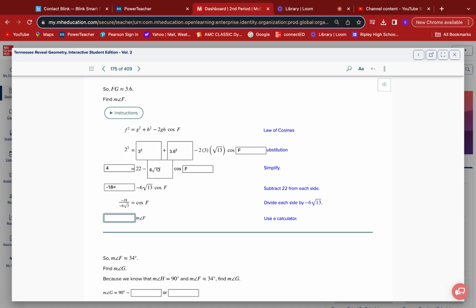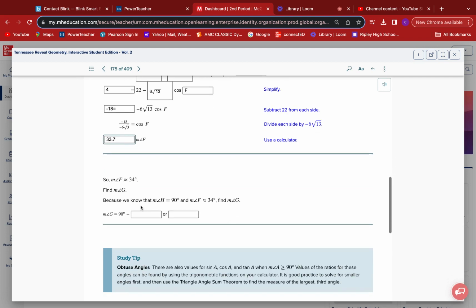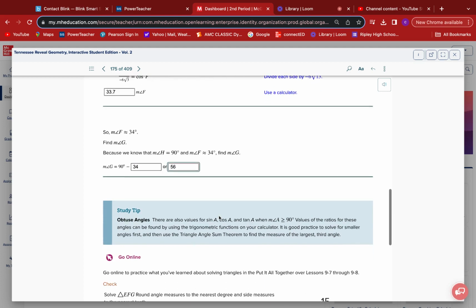All right, I got about, to the nearest tenth, 33 point, it's a 6, 9, so the 9 makes the 6 go up, 33.7 degrees. All right, 33.7 degrees. They're saying it's approximately 34 degrees. All right, 90 minus 34 degrees to get my last angle. 90 minus 34, 56 degrees. There we go.